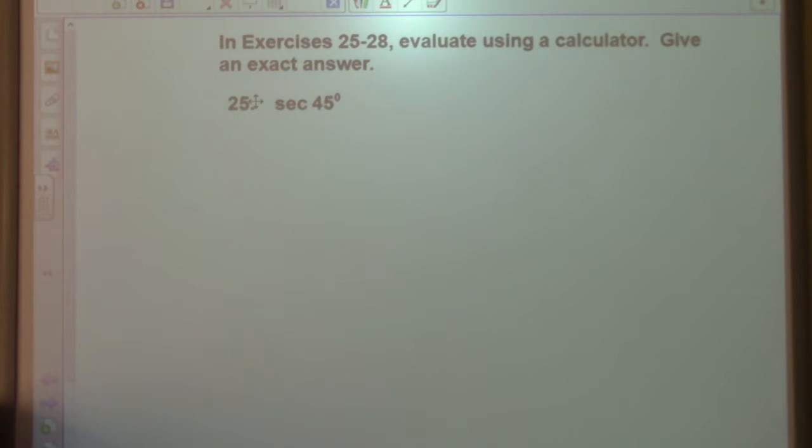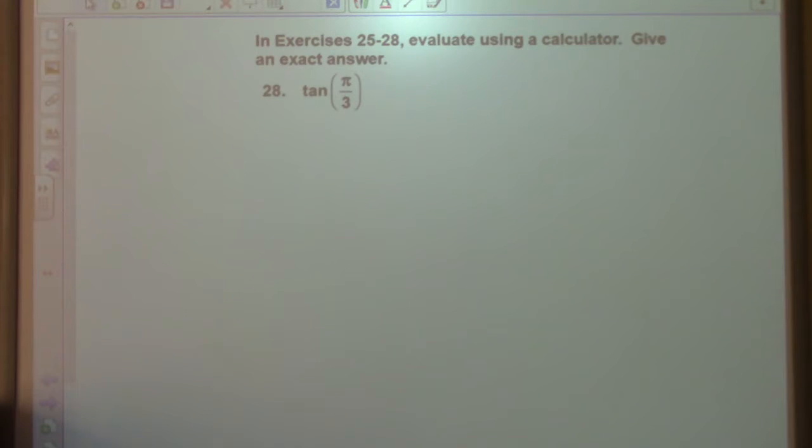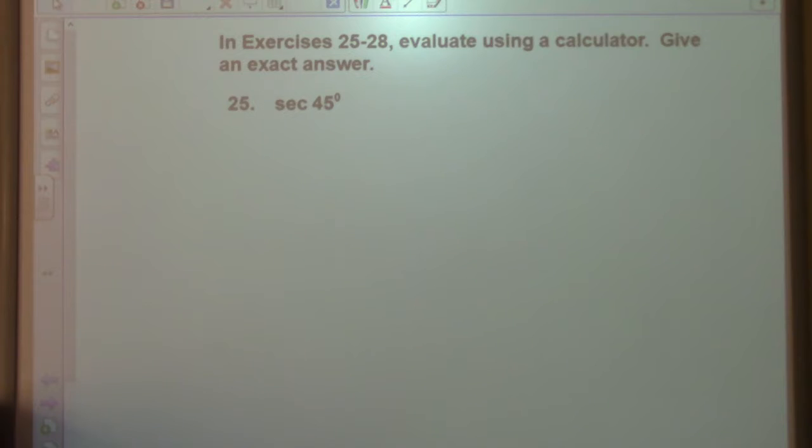Here's the reason: it says evaluate using a calculator, yet what do you notice about these angles? You can just put them as, well, the first one would be secant pi over 4. Yeah, exactly. Second one would be pi over.